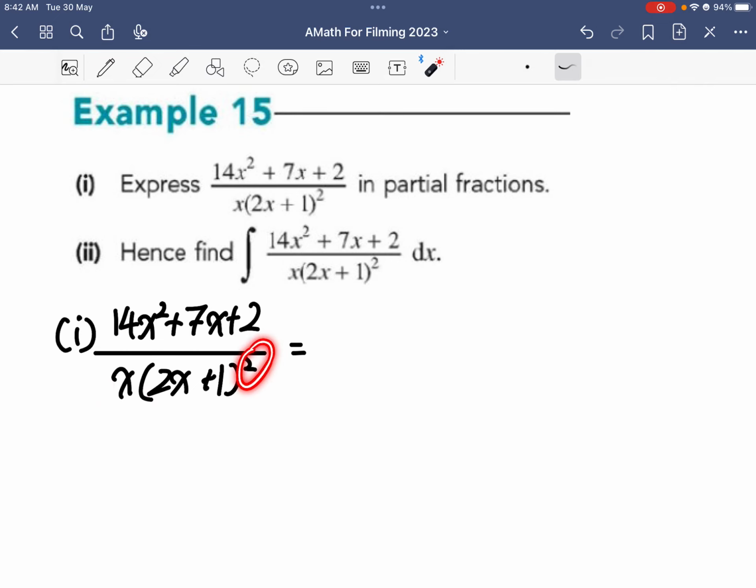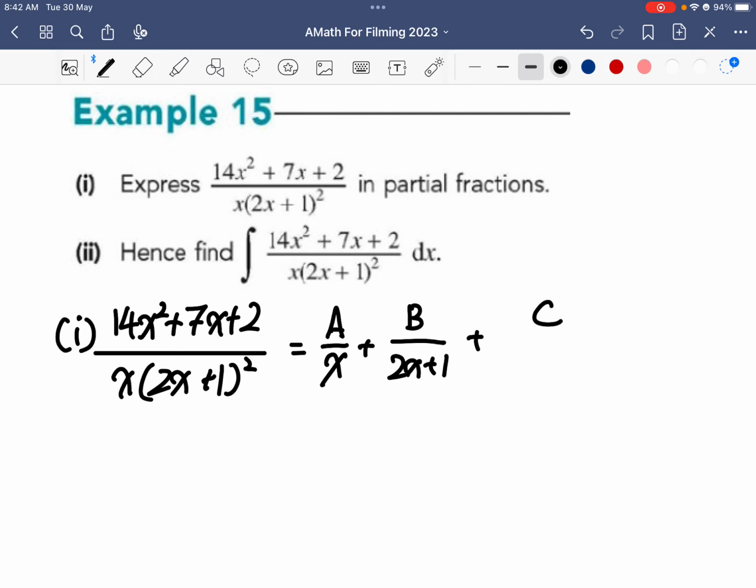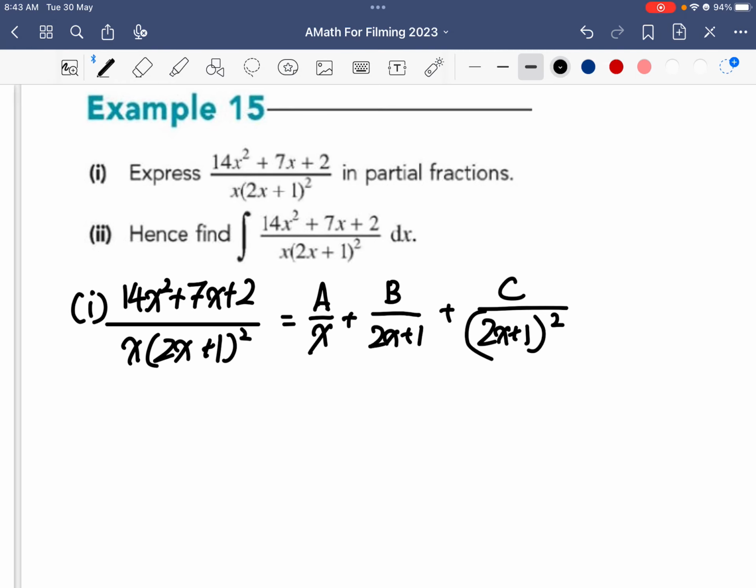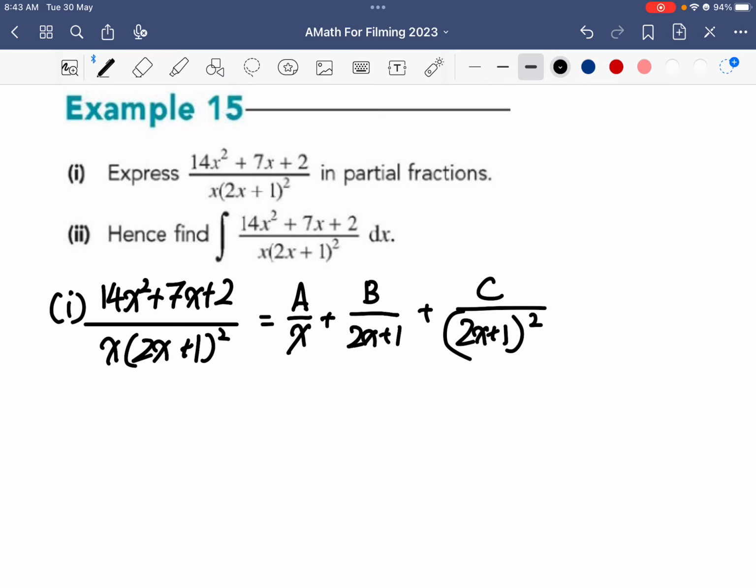Now, a quick recap for partial fractions. There is an x and a 2x plus 1 squared, which is repeated here. Hence, what we get is a over x plus b over 2x plus 1 plus c over 2x plus 1 squared. I hope you remember this.